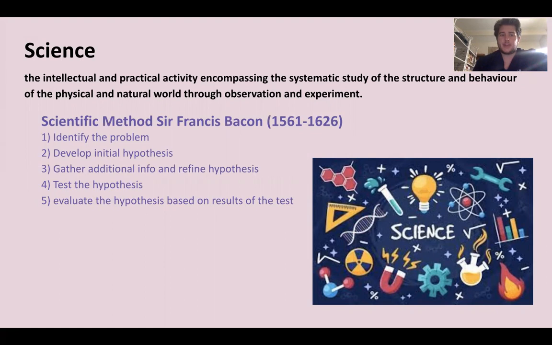It consists of identifying a problem that is observable, developing an initial hypothesis, gathering additional information and refining the hypothesis, then finally testing that hypothesis, and then evaluating the results of the test. If your hypothesis turns out to be correct, in fact, then you're going to publish your results.